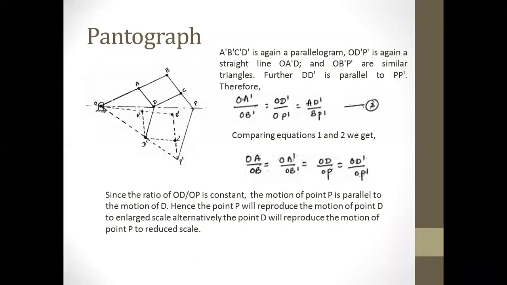Here DD dash is parallel to PP dash, so we can use the similar triangle concept. OA dash divided by OB dash is the same as OD dash divided by OP dash, which is the same as A dash D dash divided by B dash P dash. All these are the same ratio, so we write it as equation number 2.